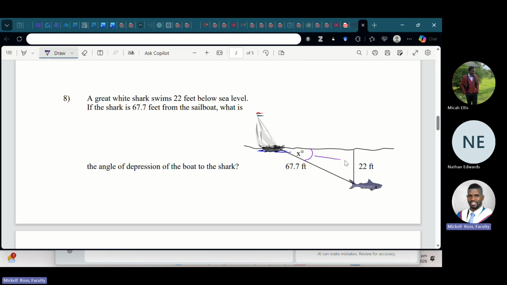Based on this angle, this side is the opposite side, and this side over here is going to be the hypotenuse. If you have an opposite and a hypotenuse, you're going to be using sine. So sine of x is equal to the opposite side, which is 22, divided by the hypotenuse, 67.7.